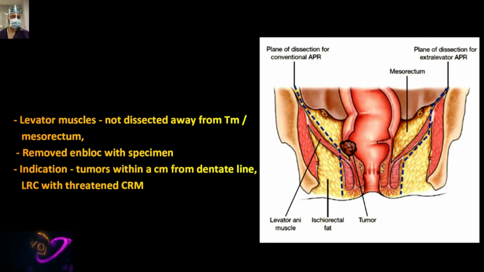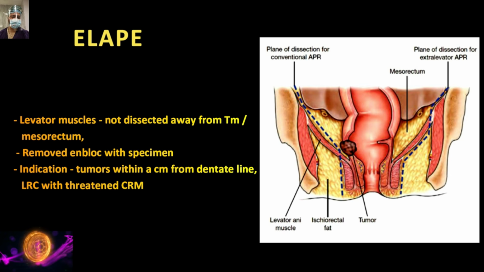The main indication of ELAPE will be when the tumor is within a centimeter from the dentate line and in lower rectal cancer with threatened CRM. These will be the basic indications. As depicted in this slide line diagram, the left side is the conventional APR and the other side is the ELAPE.